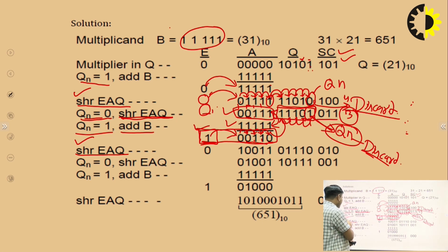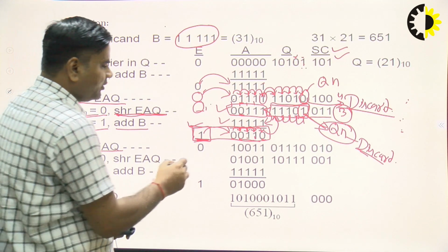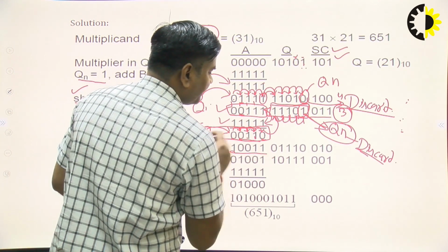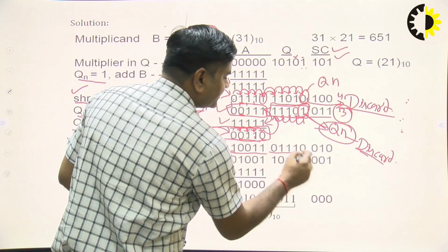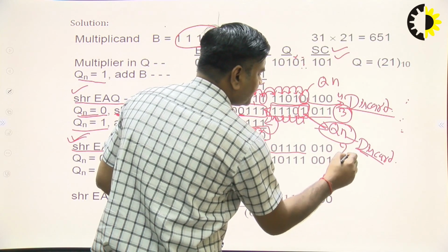So after the logical shift right EAQ, we got the result 0 1 0 0 1 1 0 1 1 1 0, and we have to decrement the counter by 1, that is 2.